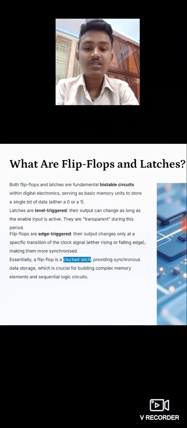Latches are level triggered. Their input and output can change as long as the enable input is active. They are transparent during this period. Flip-flops are edge triggered.